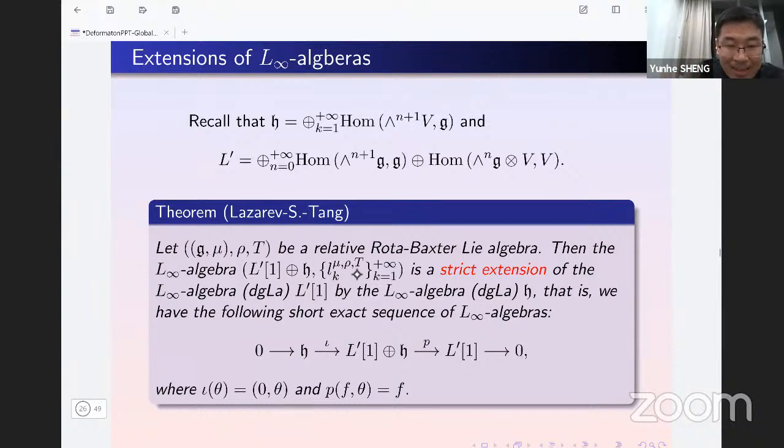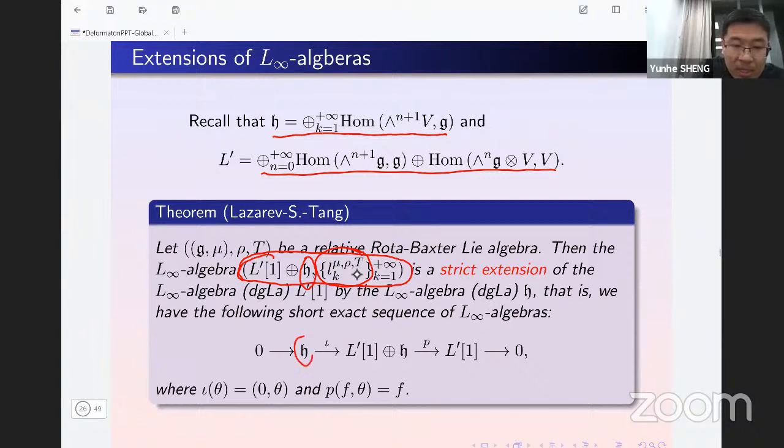Now we analyze the twisted L infinity algebra structures. Recall that H is this graded vector space, and L prime is this graded vector space. We consider this twisted L infinity algebra structure. We find that H is actually a subalgebra, which is a differential graded Lie algebra.